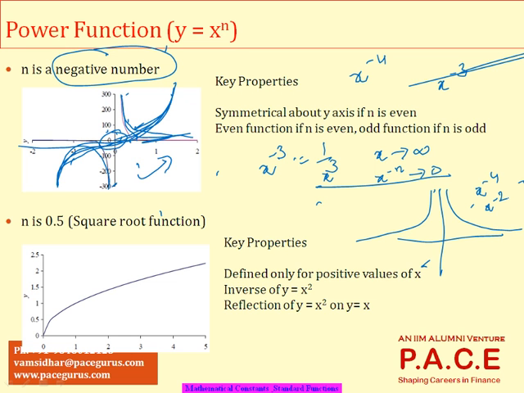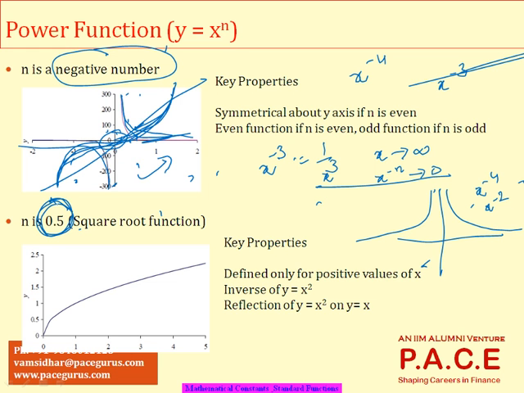Whereas if it is for odd negative integers, we see that it will be symmetrical across the diagonal but not across the y-axis.